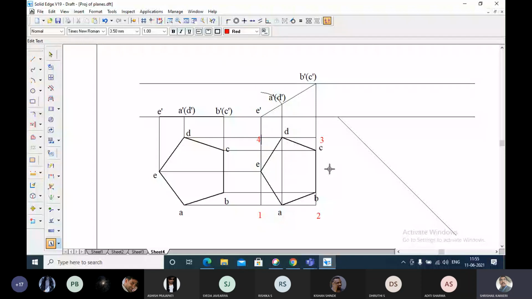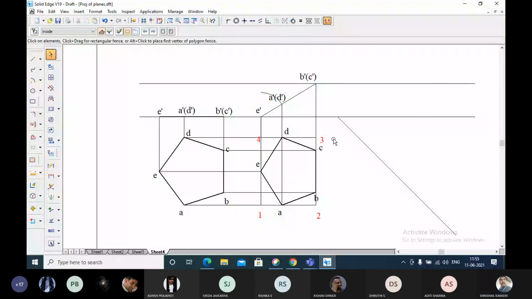I have enclosed it in a 1, 2, 3, 4 rectangle. I want to lay it down like this, or like this also, no problem. Like this also you can. Okay, you can keep it. Now I am planning to keep it like this.